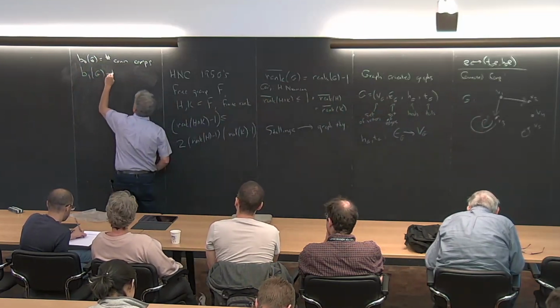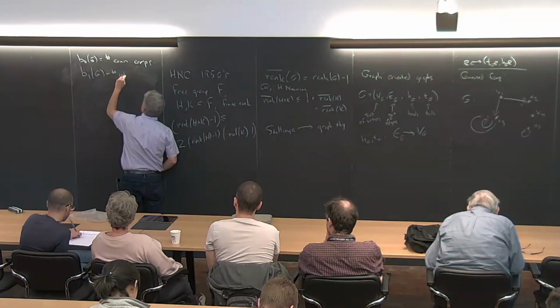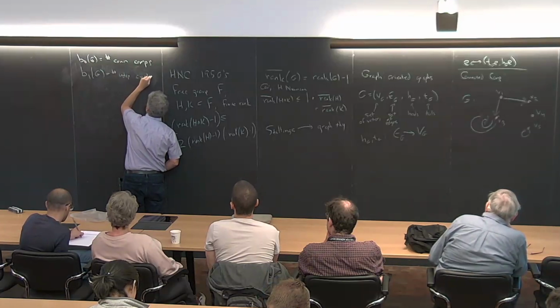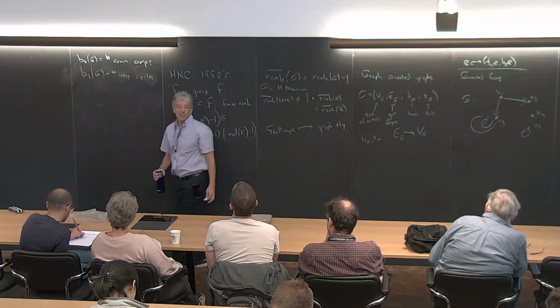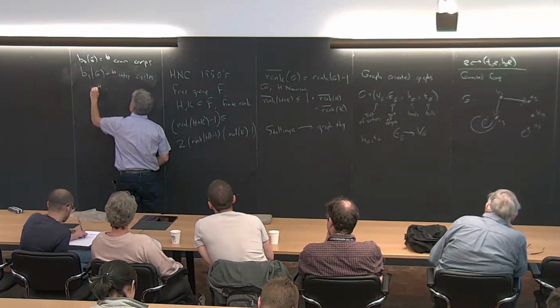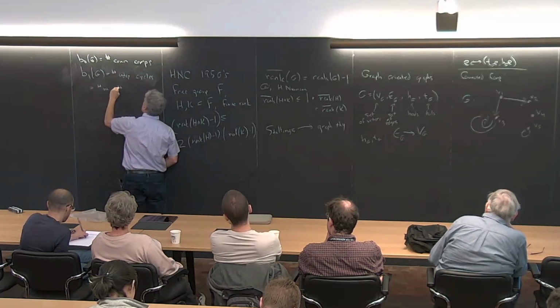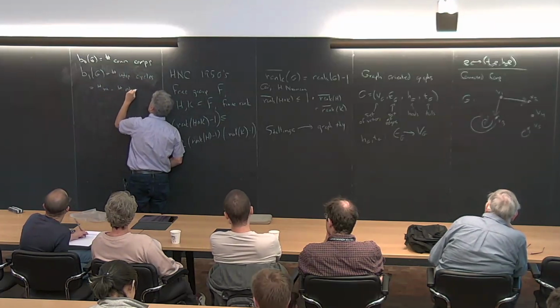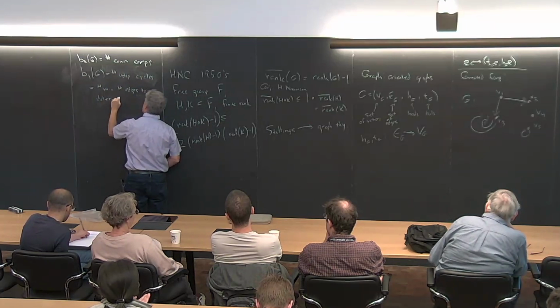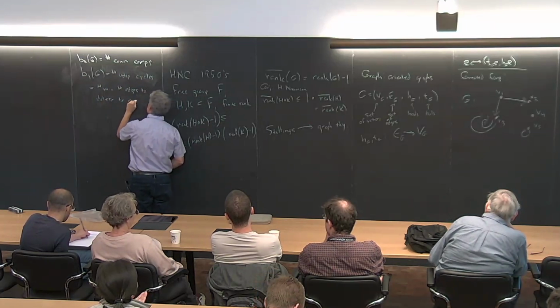B1 is the number of independent cycles in the graph. It's also the minimum number of edges you need to delete to create a forest.